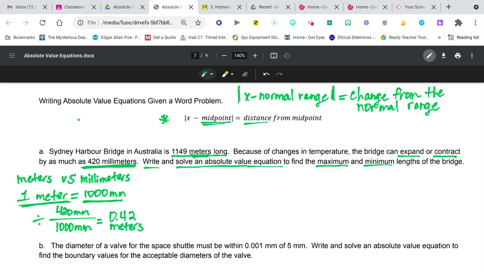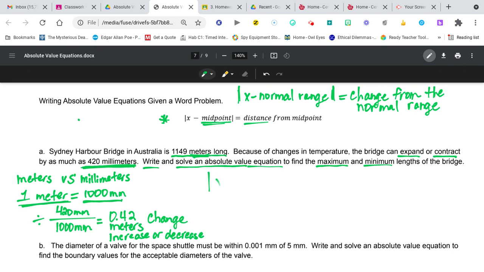So which means the bridge, when it says expand or contract, can increase 42 hundredths of a meter, or it can decrease 42 hundredths of a meter. So this represents your change from the normal range, okay? I'm going to go ahead and set the equation up because it asks for the equation first.